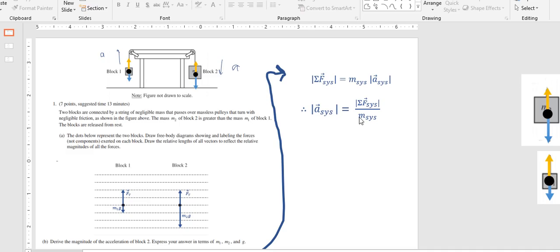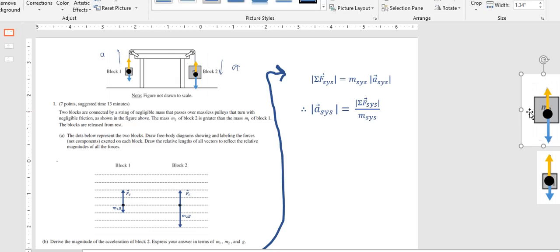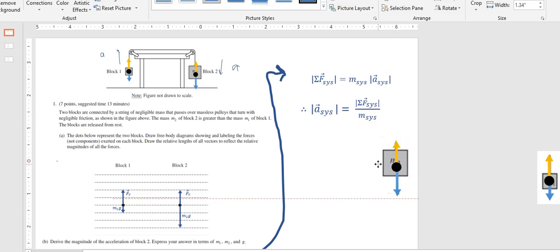I could have just written, instead of all these subscripts, that everything's for the system, but I didn't. So let's look at how to analyze this in its own weird way. I'm going to draw the weird free body diagram. I took this block and I'm enlarging it down here. I drew free body diagrams where the yellow one is the force of tension and the blue one's the weight, and same on this one.